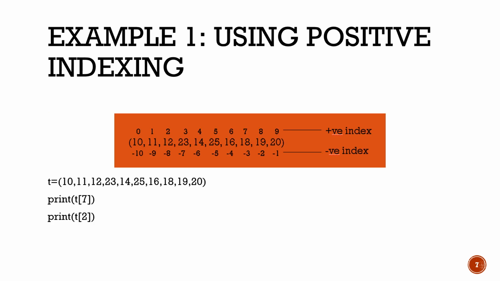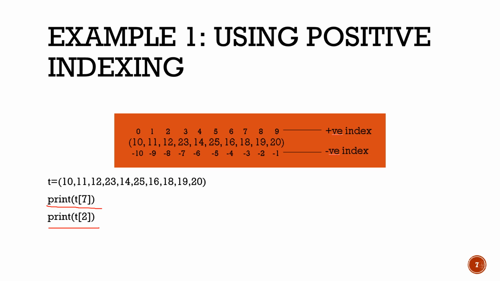So here I want to retrieve elements present in the tuple using indexing. Again I have the same tuple: 10 11 12 23 14 25 16 18 19 20. These are my tuple elements, right? Now I want to retrieve the element present at the 7th position and the element present at the 2nd position.